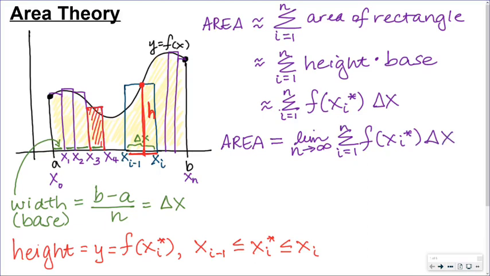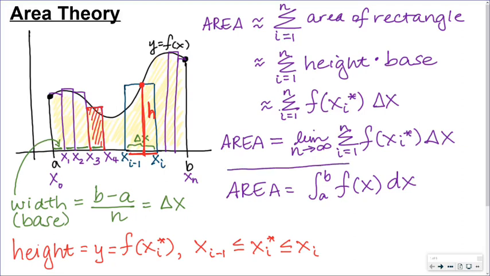When we actually apply this limit, our sigma, which is a summing tool, becomes the summing tool in calculus, which is the integral from a to b of f of x, and our delta x becomes dx, an infinitely small element of x.